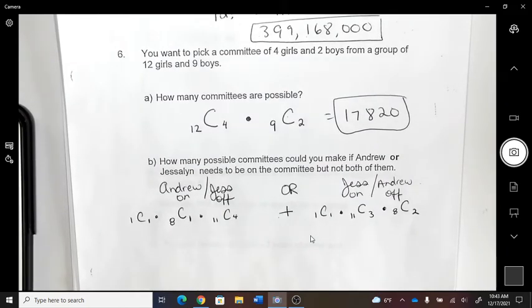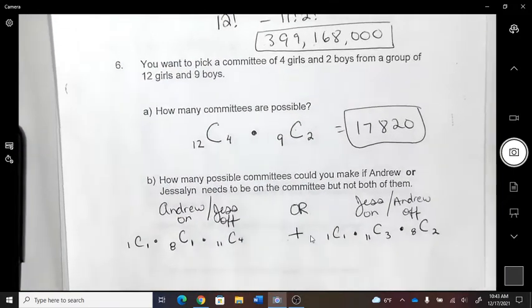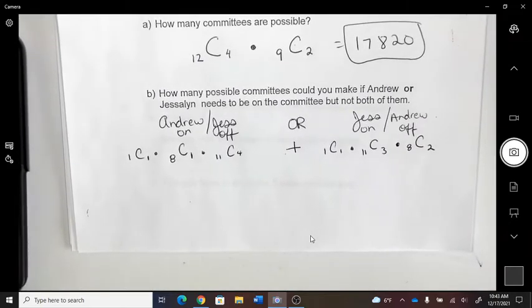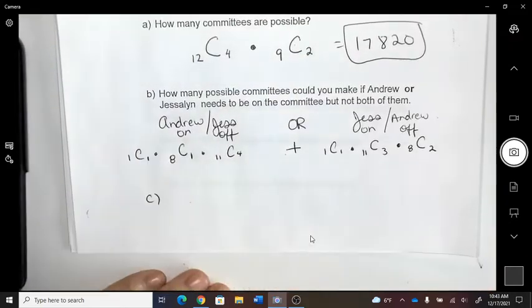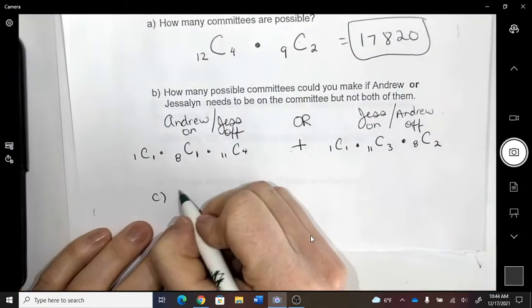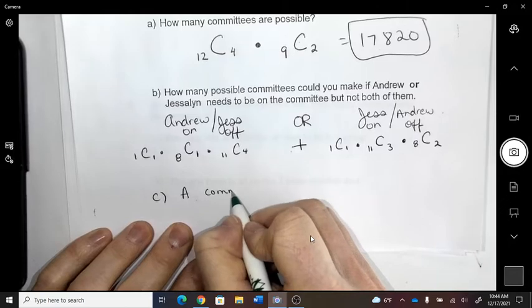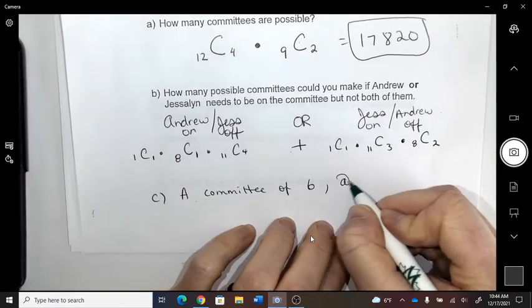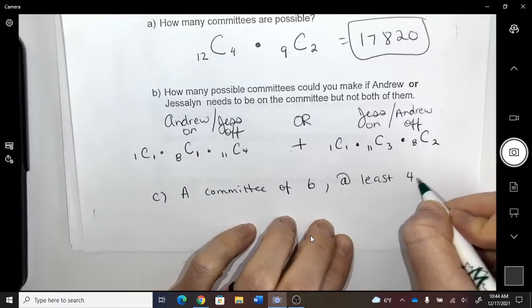Okay, just for time's sake, am I okay just to say you guys will be able to finish that on your own, right? Okay. Because I think that there's a question I don't see anywhere, because one would be on your test. A committee of 6, at least 4 girls.